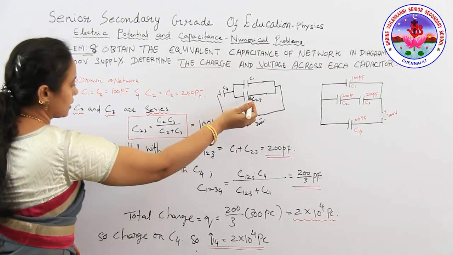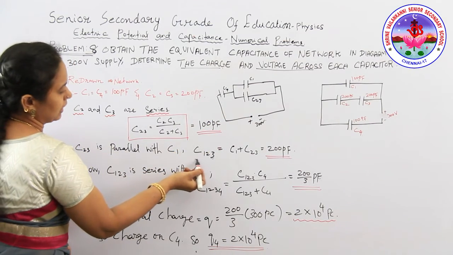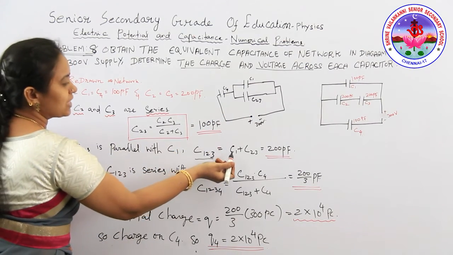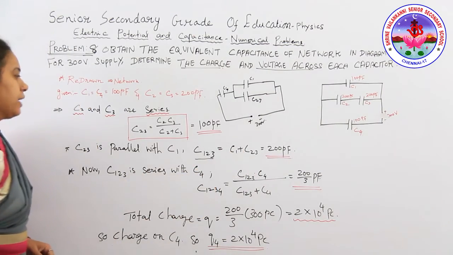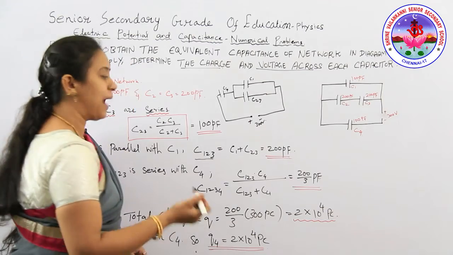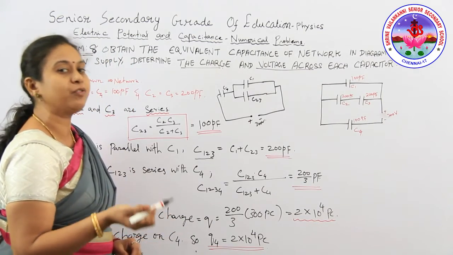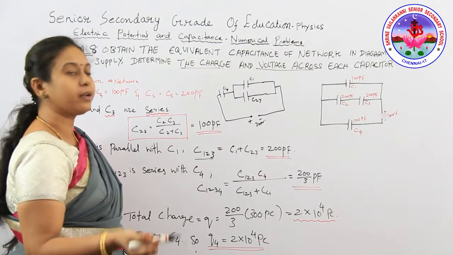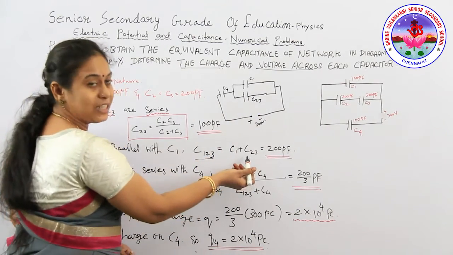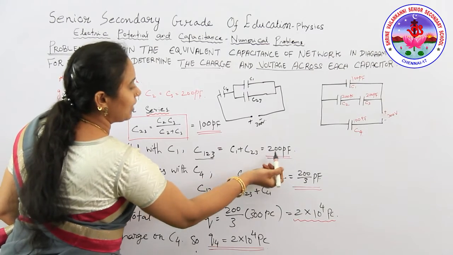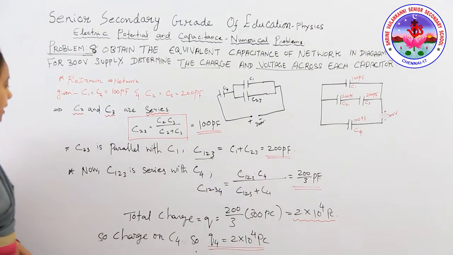We can resolve this, and you may name it C123, so that it is C1 plus C23. This is the formula for capacitors in parallel, right? For capacitors in parallel, you get directly Cp equal to C1 plus C2 plus C3 and so on till Cn. So here C1 plus C23, we got directly the value of 200 picofarad.